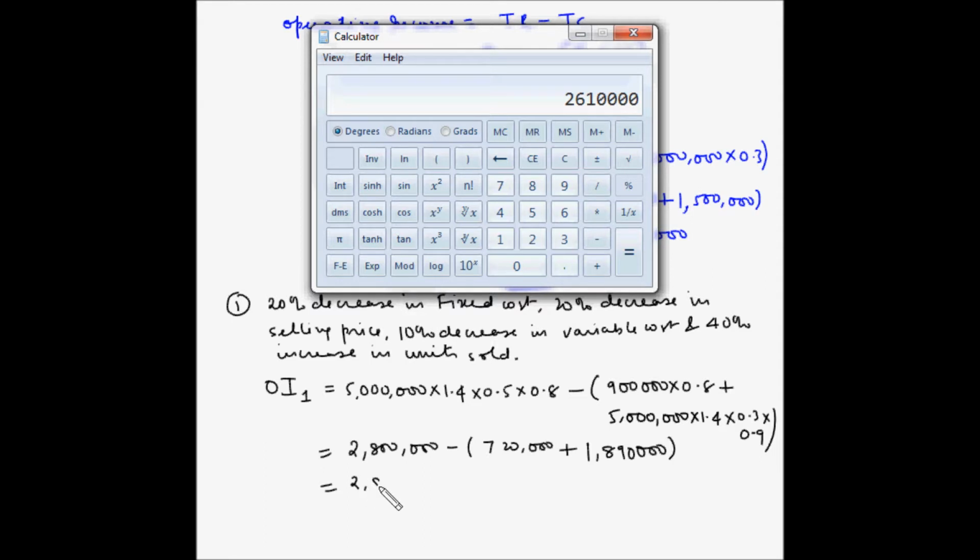So 2.8 million minus 2.61 million, and this is equal to 2,800,000 minus 2,610,000. So this is 190,000.